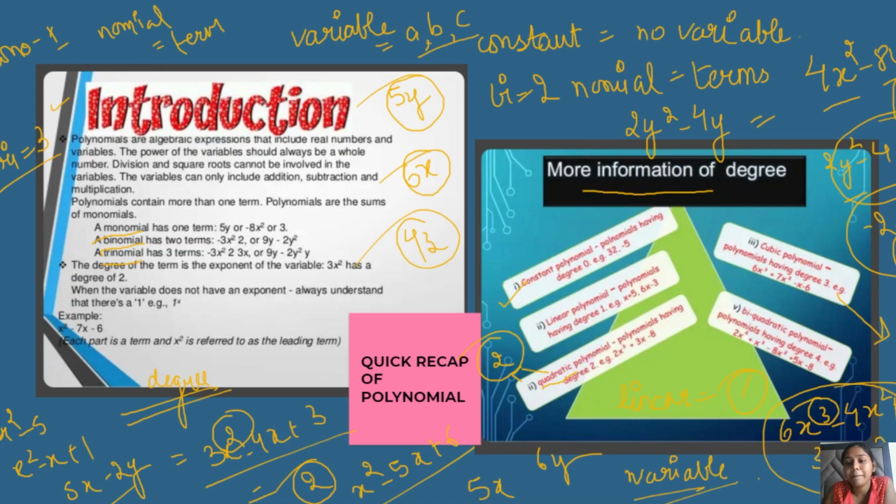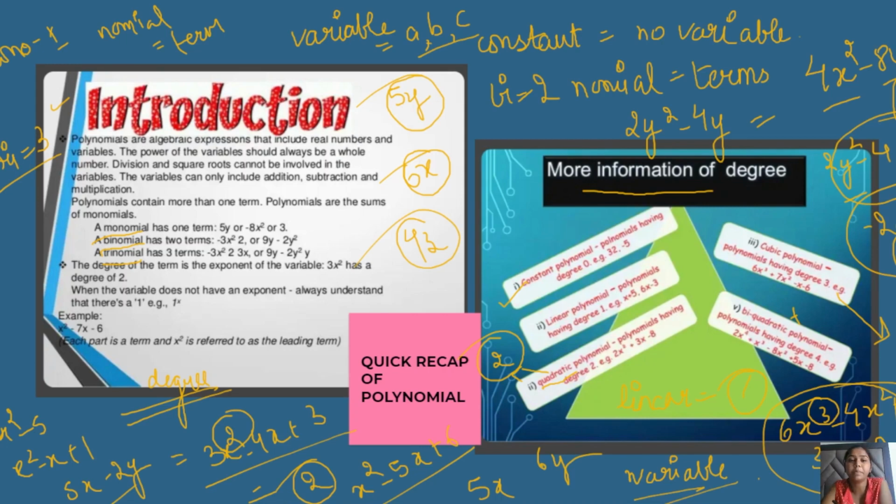Biquadratic polynomials are not in your syllabus, but still if you want to know it, quadratic means 2 and biquadratic means twice 2. It means 4. It means the highest degree of the variable must be 4. The example is 4x^4 plus 3x cube plus 2x square plus 1.